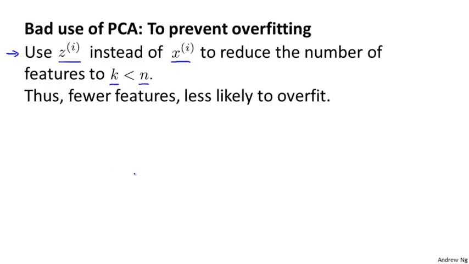And so if k is 1,000 and n is 10,000, then if we have only 1,000 dimensional data, maybe we're less likely to overfit than if we were using 10,000 dimensional data. And so some people think of PCA as a way to prevent overfitting. But just to emphasize, this is a bad application of PCA, and I do not recommend doing this.